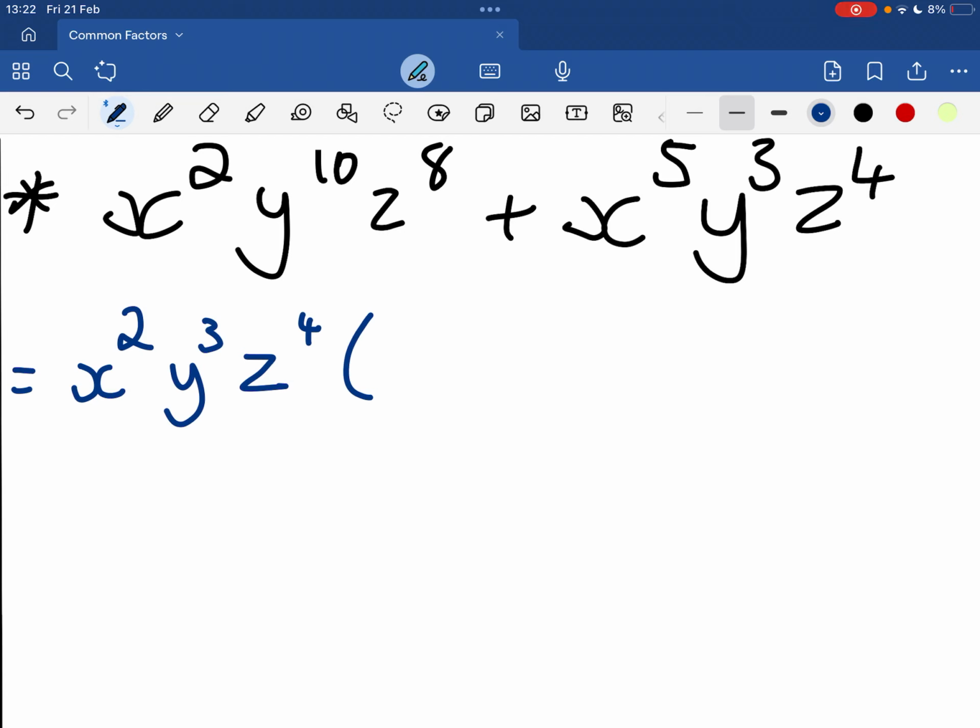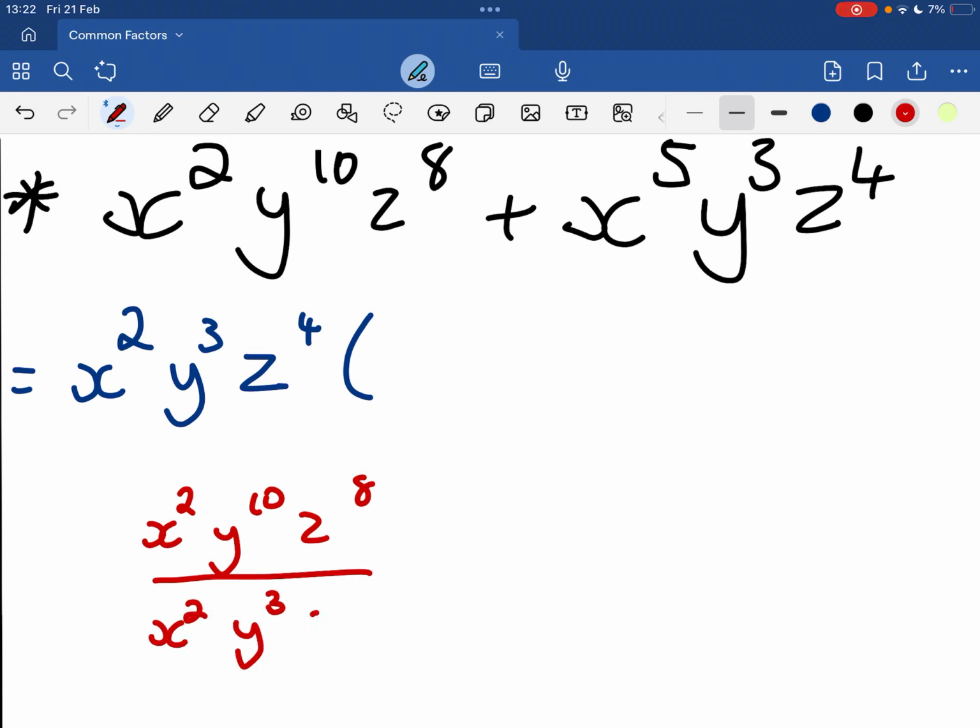In our first term, we have x squared, y to the 10, and z to the 8. When we divide it by our common factor x squared, y to the 3, and z to the 4, the x squareds cancel away. This y to the 3 leaves us with y to the 7 there. This z to the 4 leaves us with z to the 4 there. So what we're actually left with is just y to the 7 and z to the 4 in our first term.